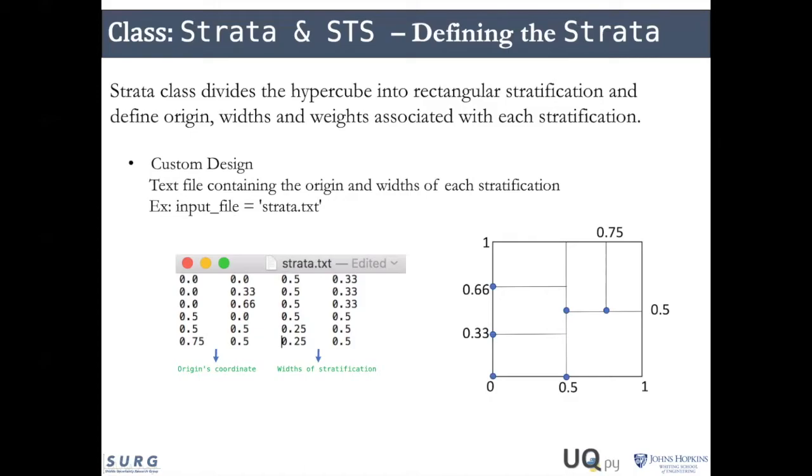The first 3 columns will show the origin of each strata, and the last 3 columns will give the width along each dimension. So yeah, these two designs can be used to define the stratification, which is basically used in stratified sampling.